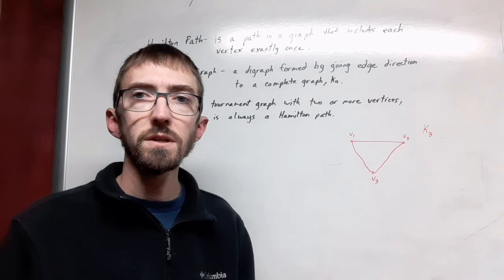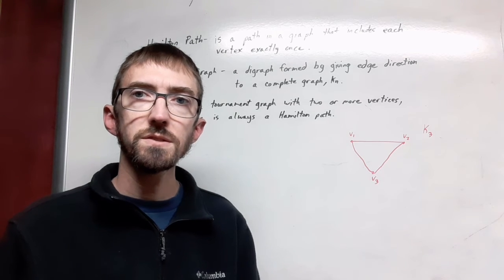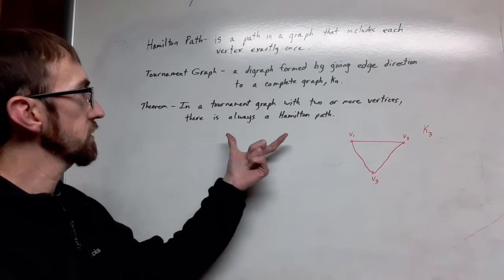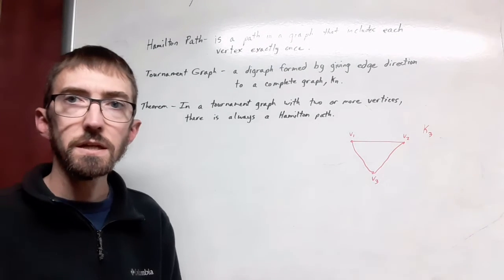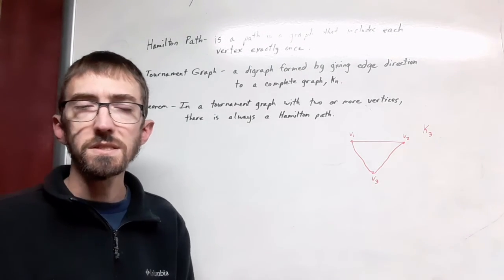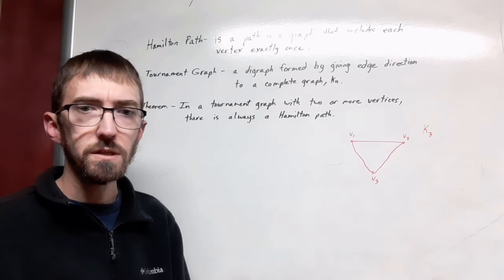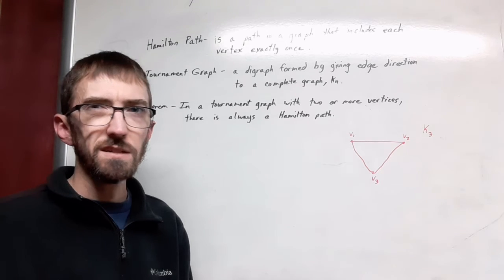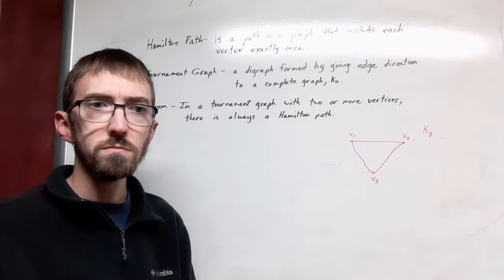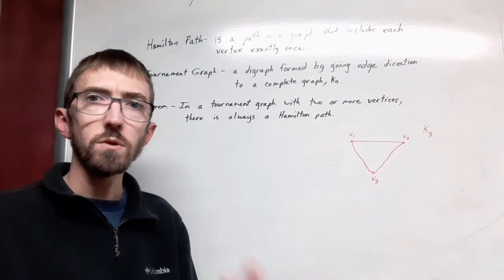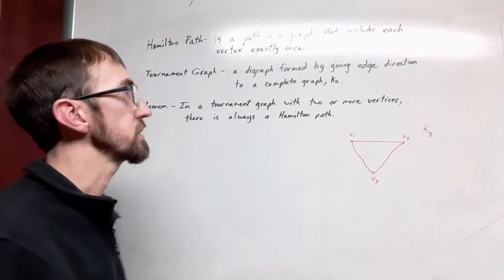The last theorem that I want to talk about in this video is a theorem that guarantees a Hamilton path. And I think that's exciting because sometimes Hamiltonian paths and circuits are a little hard to get at, maybe a little more difficult than the Euler paths or Euler circuits.